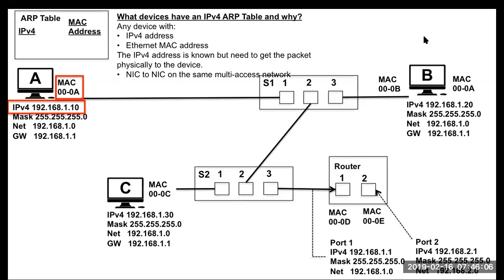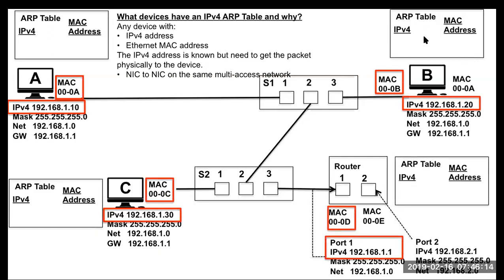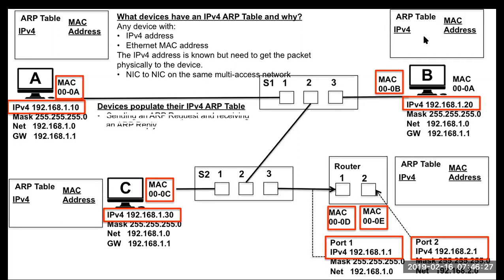So that would be A, PCB, PCC, and yes, the router. The router would actually keep separate ARP tables for each of its Ethernet interfaces. Devices will populate their ARP tables by sending an ARP request and receiving an ARP reply. This is all going to be explained in just a moment.